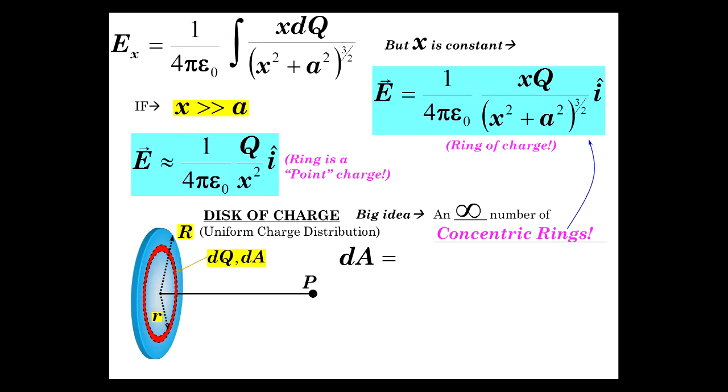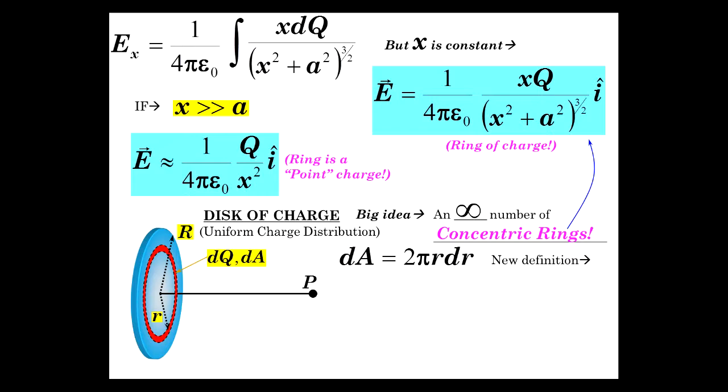So differential area of that ring, that's simple. The circumference times the width. Well, the width is differential r. The circumference is 2 pi r. So 2 pi r dr is dA, differential A. And now we offer yet another definition that you're going to love. You've already now been introduced to linear charge density, lambda.